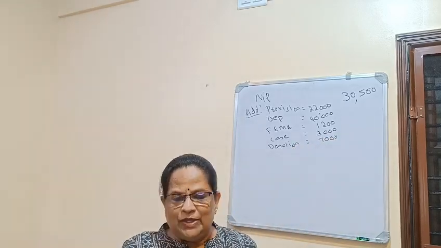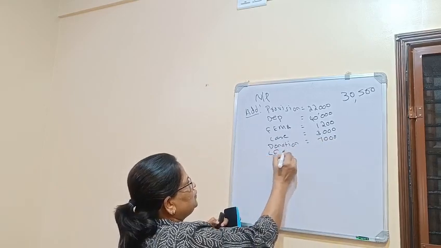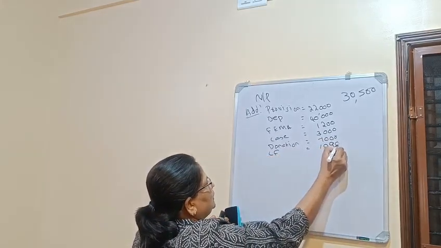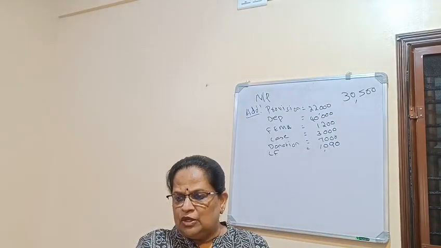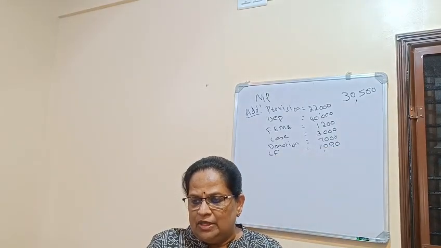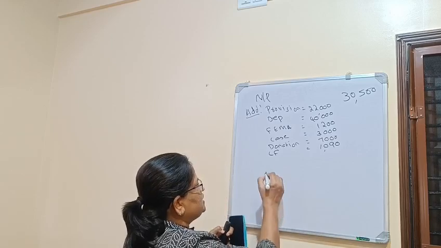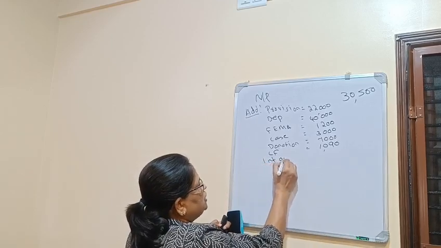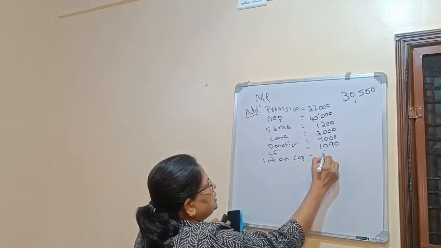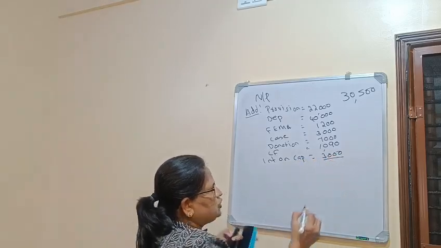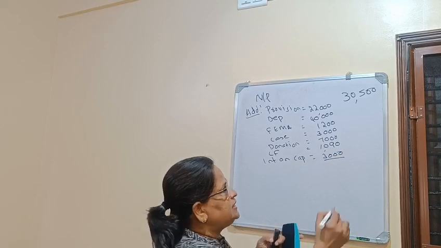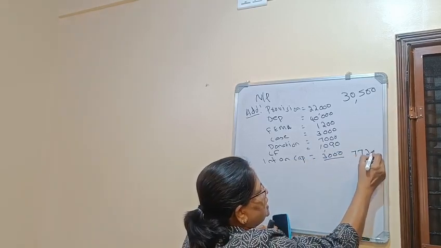Next, license fees 1,090. This is included in the depreciation. So the license fees now 1,090. So interest on capital. Interest on loan is allowed. Interest on capital is not allowed. 3,000. So you take the total of these items, you will get 77,290.